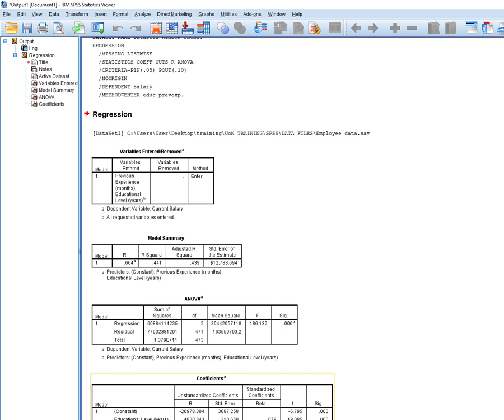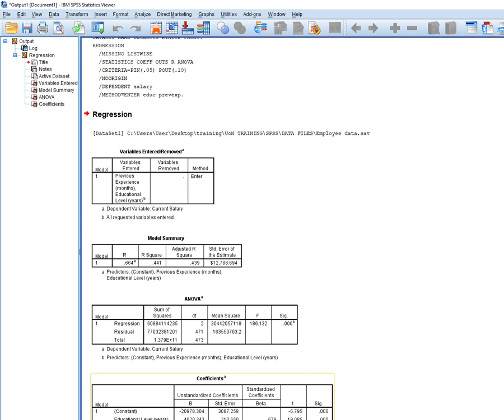If you say for education, while all the other factors are held constant, a unit change in education, so you're moving from one education level to another, then your salary will increase by up to $4,000. Which takes me back to the issue of p-value, whereby now I can say education is a stronger predictor of someone's salary compared to previous experience.